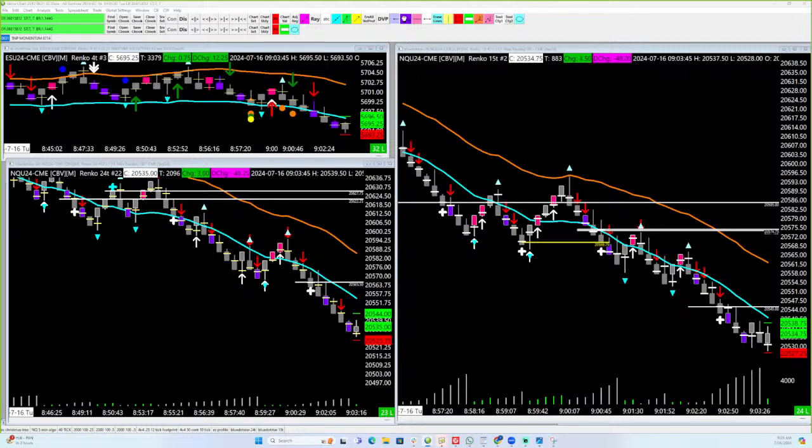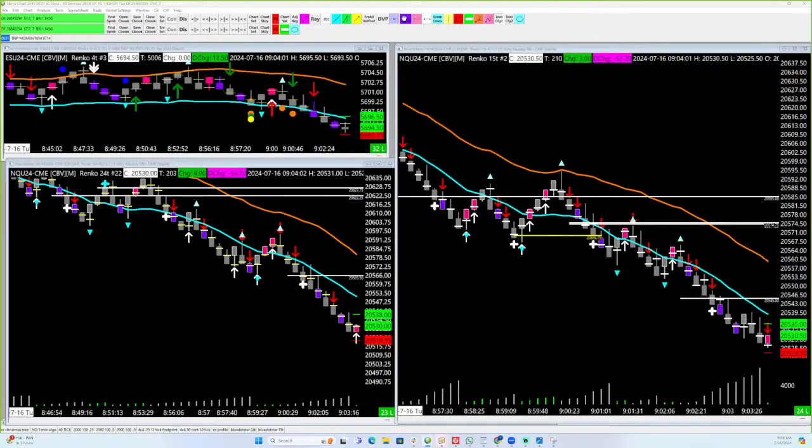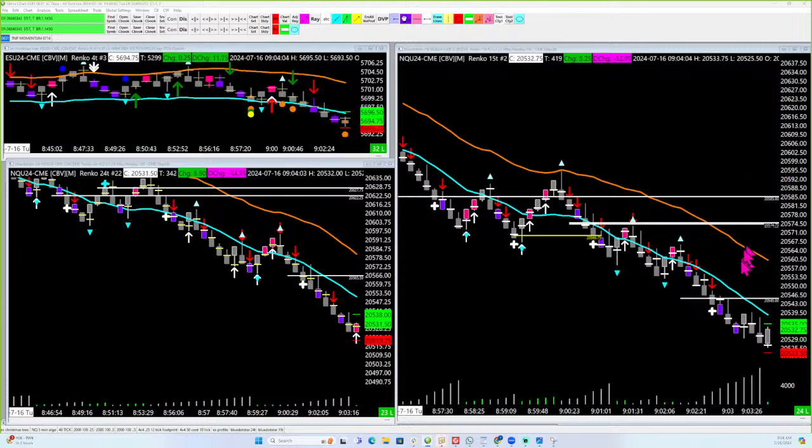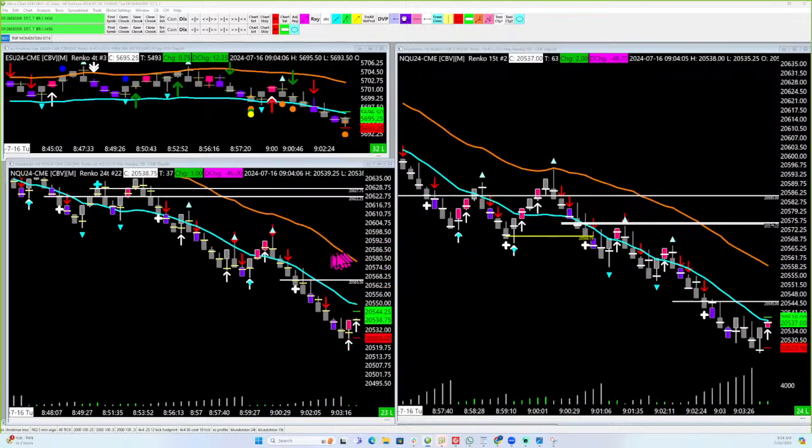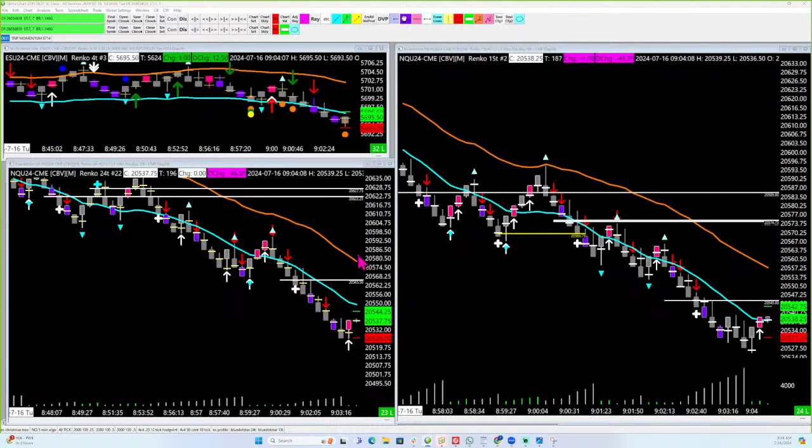Right now we need above 205, 650, 550. Open drive lower, trend day down. Remember your basic rules, right? Get to the top of the channel to see reversals, impulse moves, yada, yada, yada, so on and so forth.